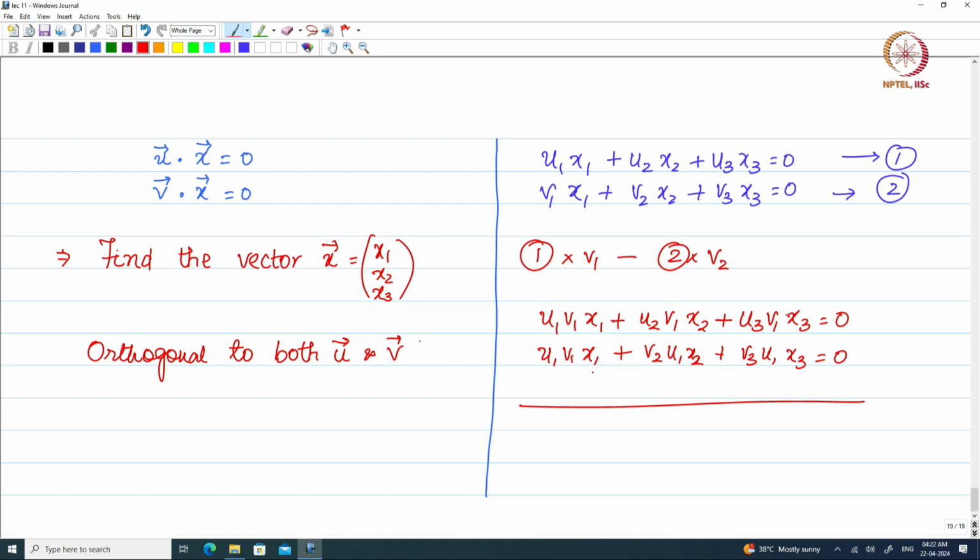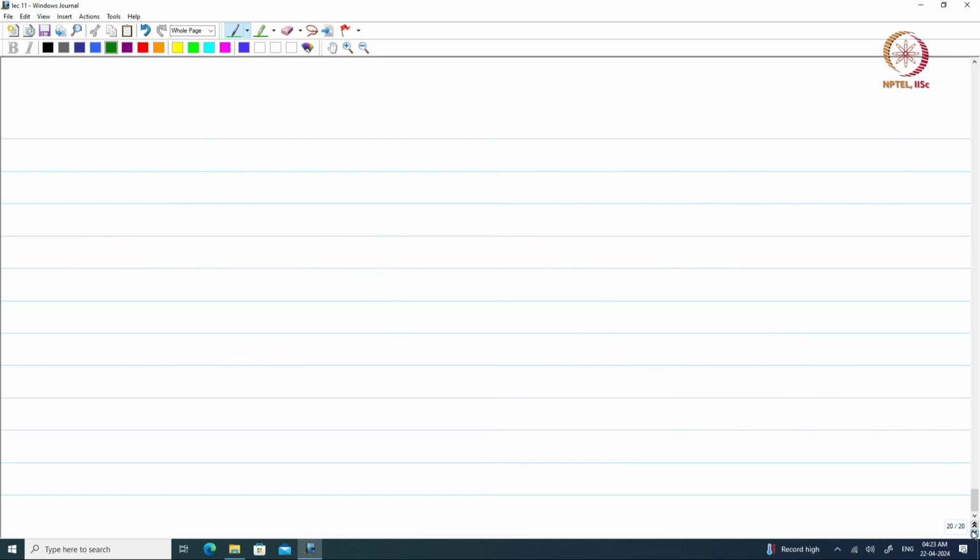If I subtract, the x1 term gets knocked off. So, I am going to have x2 into (v1 u2 minus v2 u1) plus x3 into (v1 u3 minus v3 u1) is equal to 0. Let me call this equation 3.